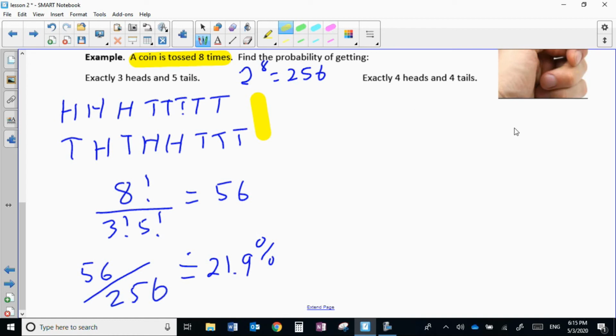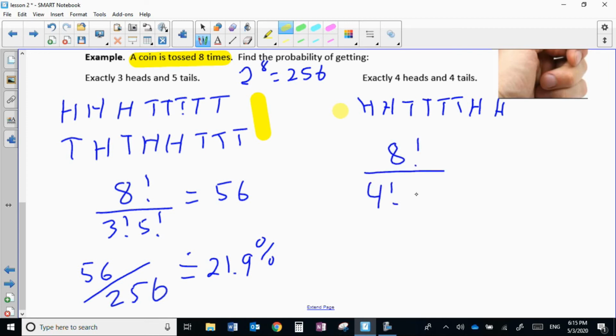Exactly 4 heads and 4 tails? Well, now you're talking about something like head, head, tail, tail, tail, tail, head. There's one possibility. How many outcomes are there that look like this? Well, 8 different letters rearranged. However, 4 of them are identical and 4 of them are identical.